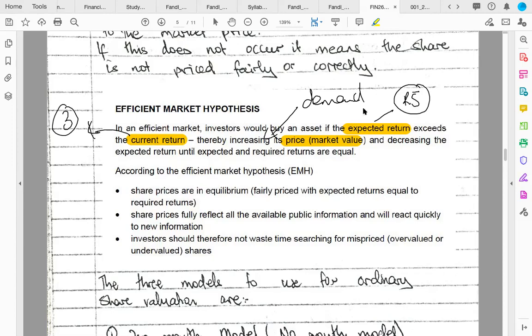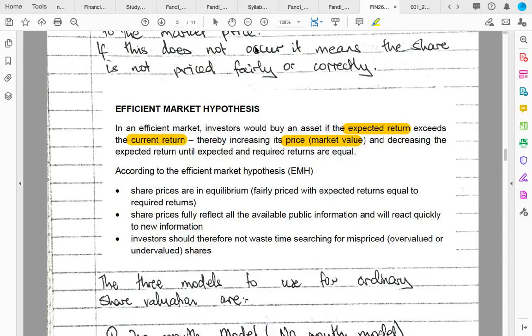More people will start buying that share. And then because the price of the share will go up, it means that your expected return will go down. It means that you'll actually have to use more money to purchase the share to get this 5 Rand, and then it will cancel out the 2 Rand dividend. The 2 Rand difference you were looking to profit on, the difference between 3 and 5 Rand.